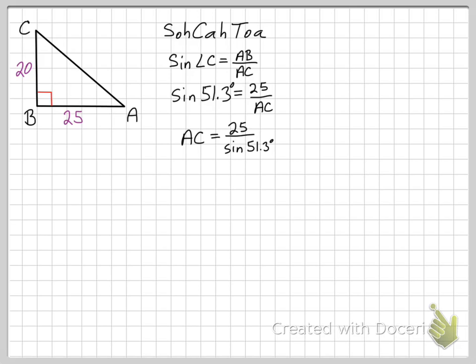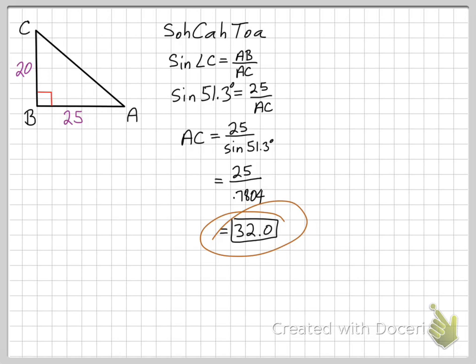And so AC is equal to 25 divided by the sine of 51.3 degrees. The sine of 51.3 degrees, by using your calculator, is 0.7804. And then doing that division, you get that AC is equal to 32. So I got the same answer by using the trigonometric ratio of the sine.